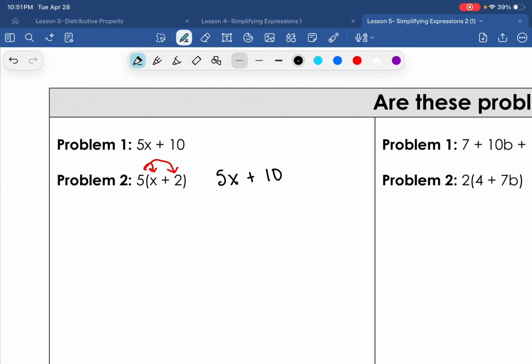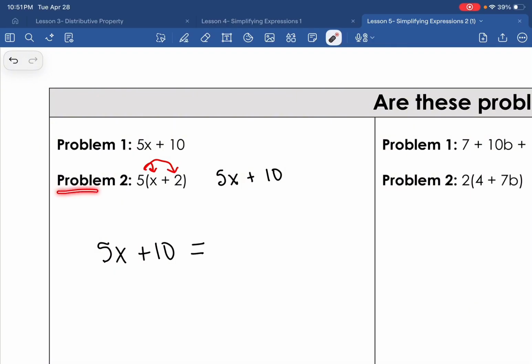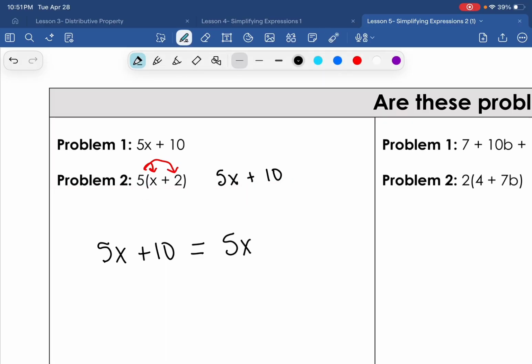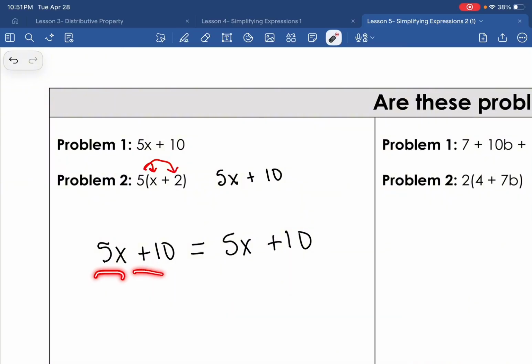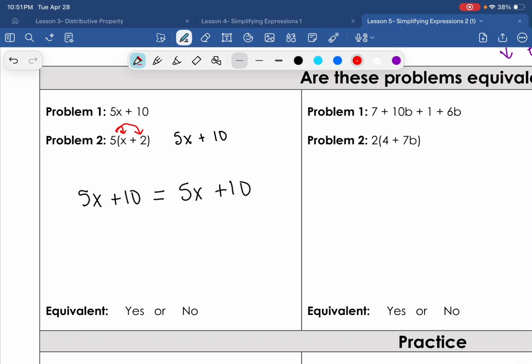So what I want you to do now is write problem 1, which is 5x plus 10, and then write your equal sign, and then write problem number 2, which we also got 5x plus 10. Okay, so now we need to think, 5x plus 10, is that equal to 5x plus 10? And we would say, yes, those expressions are equal.